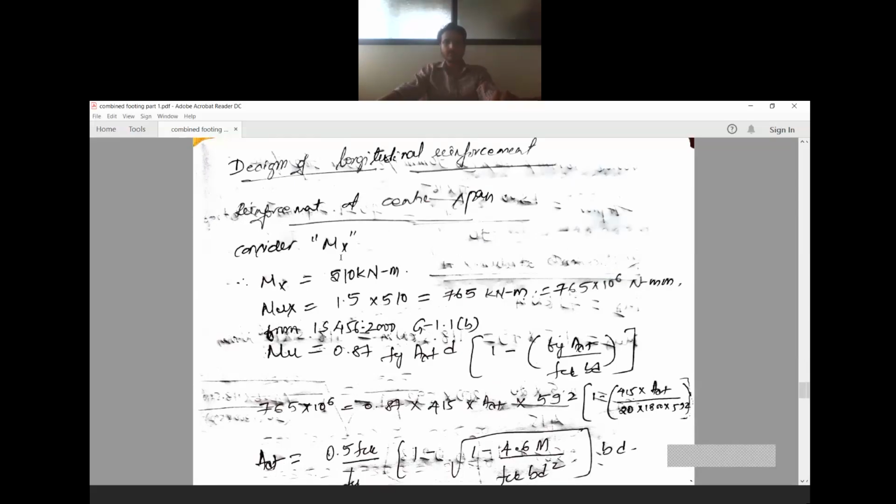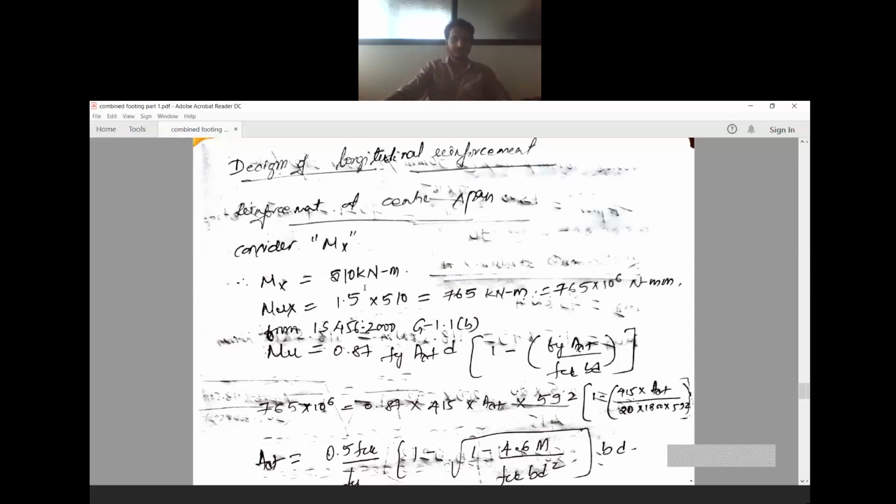We consider Mx equal to 510 kilonewton meter. Whenever we substitute the moment value in limit state formulas, that is from IS 456:2000, if you have the code book handy, you can refer to IS 456:2000.